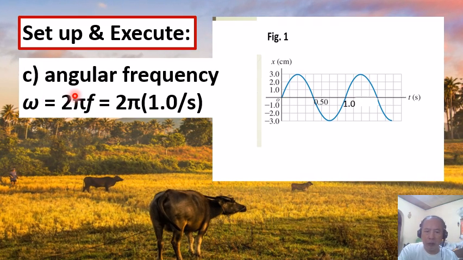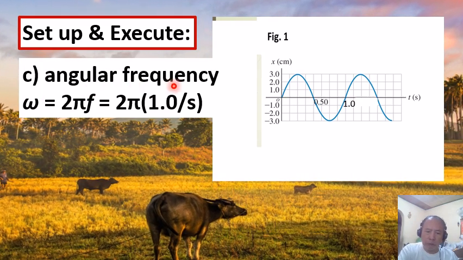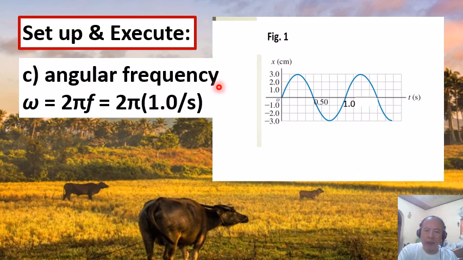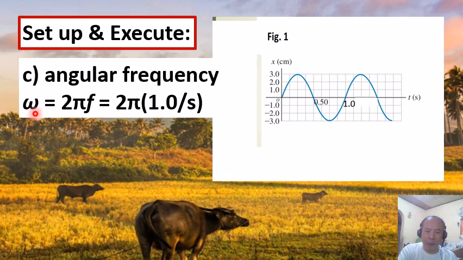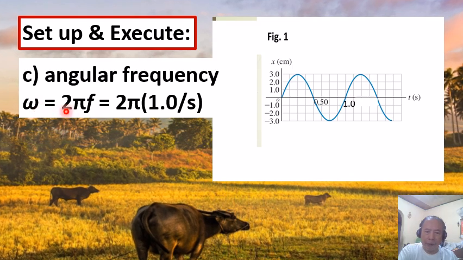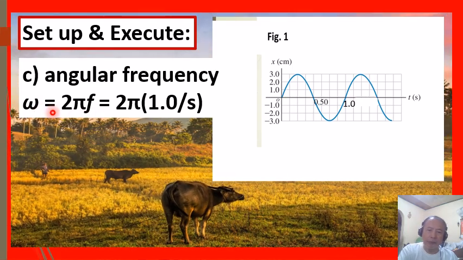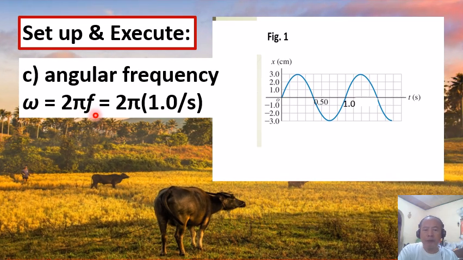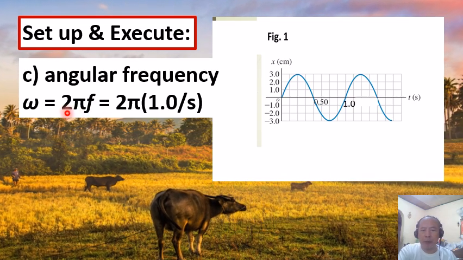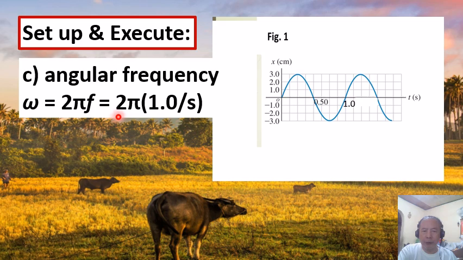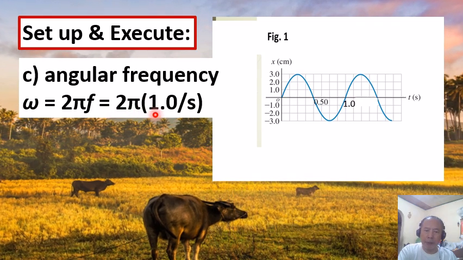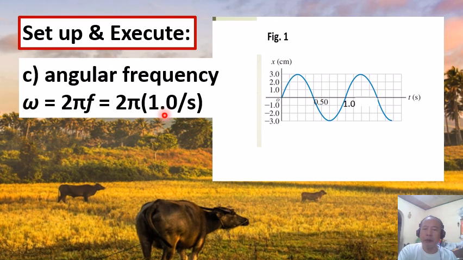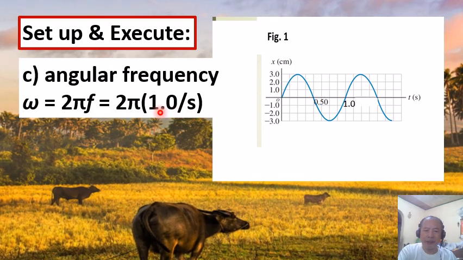Part C, we are asked to find what we call angular frequency, denoted by the Greek letter omega. So angular frequency is just equal to the frequency small letter f multiplied by 2 pi, or that is 2 pi multiplied by the frequency small letter f equal to 1.0 per second.